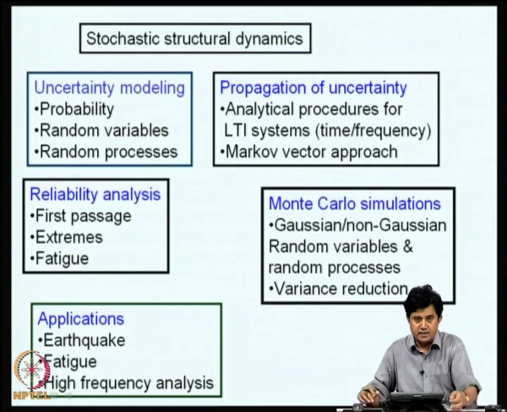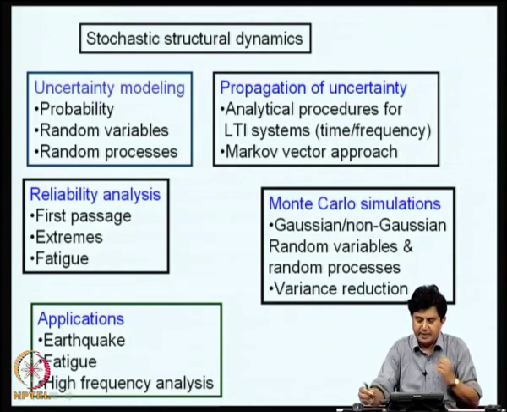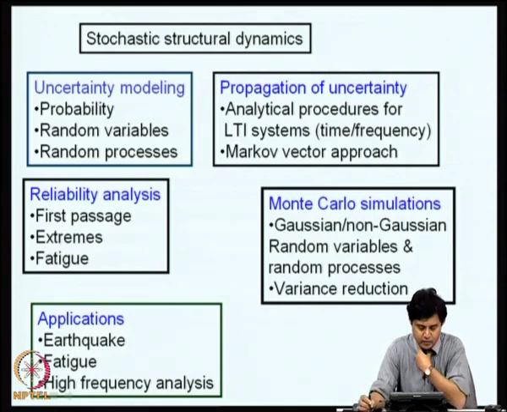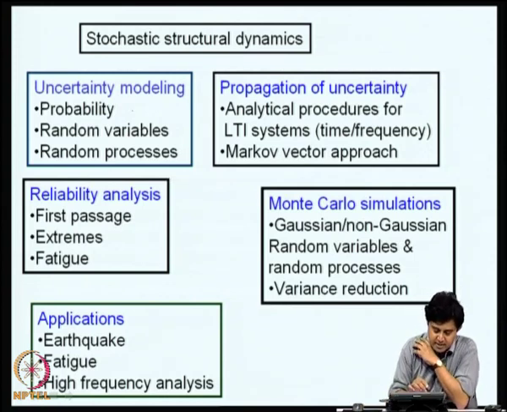Now, at this juncture we could probably take a global view of what we have been doing in this course. This course has been on stochastic structural dynamics. The essence of the subject was that we model the uncertainties in the loads, in system properties, etc., using the theory of probability, random variables and random processes. Consequently, there are several problems we need to analyze.